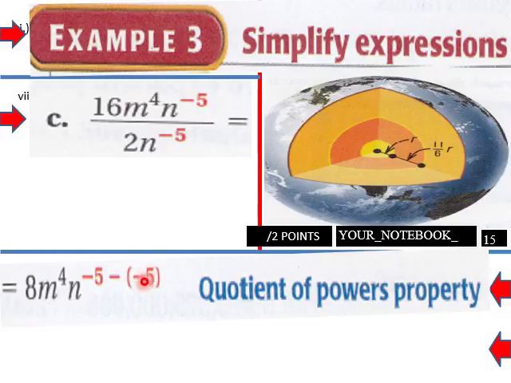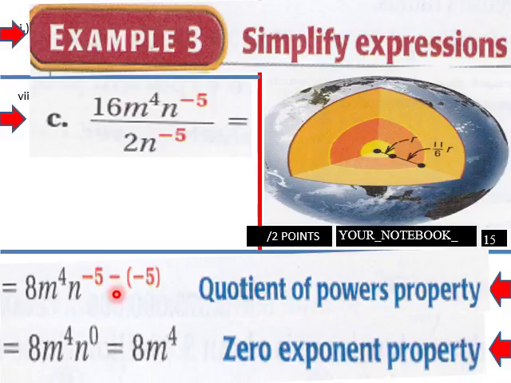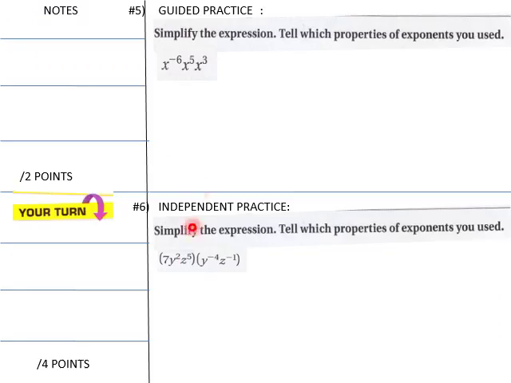This becomes positive, doesn't it? I mean, n to the negative 5th minus the negative 5th becomes n to the 0, which is 1. So it becomes 8m to the 4th, yes?